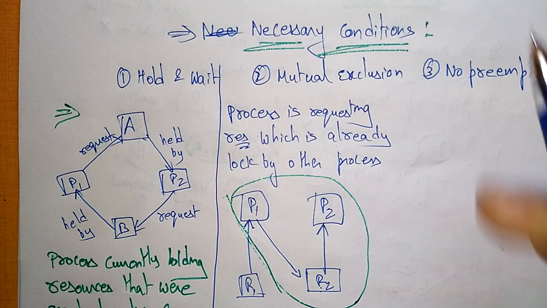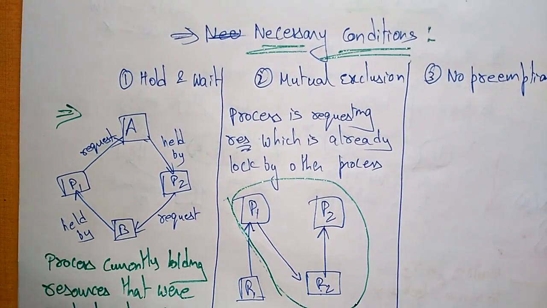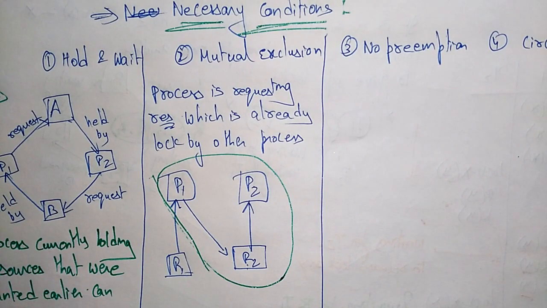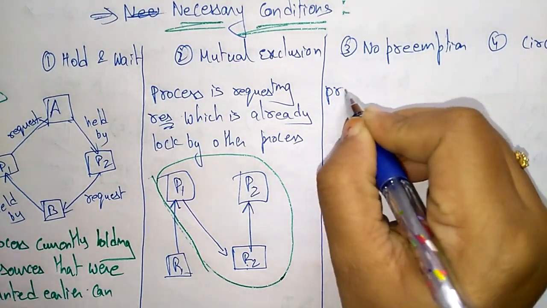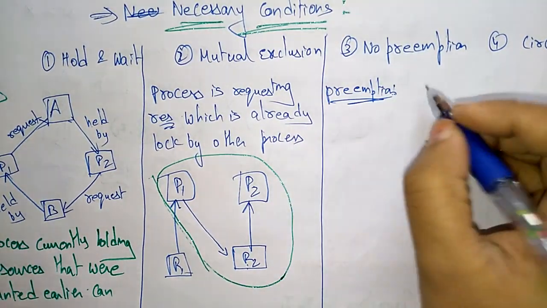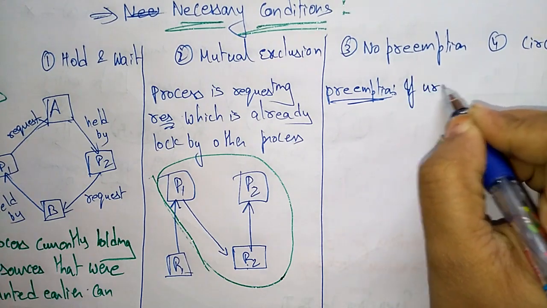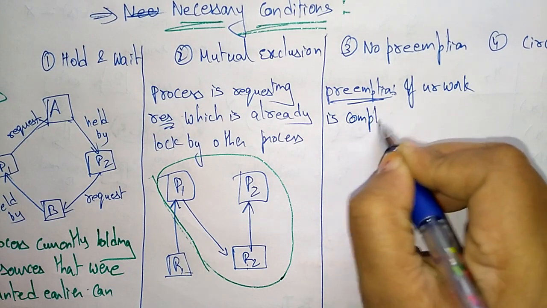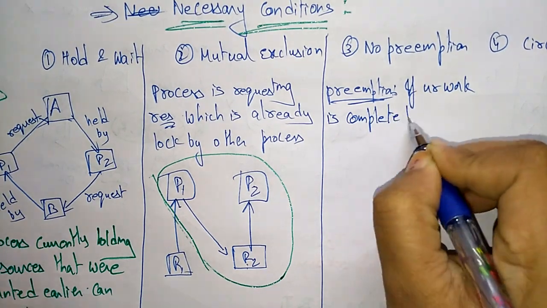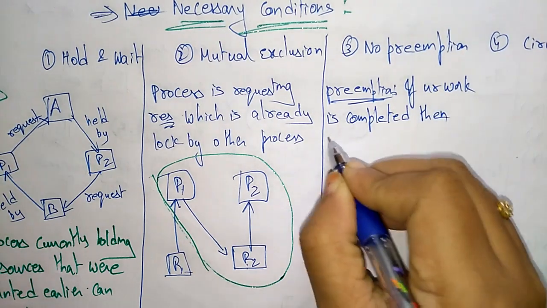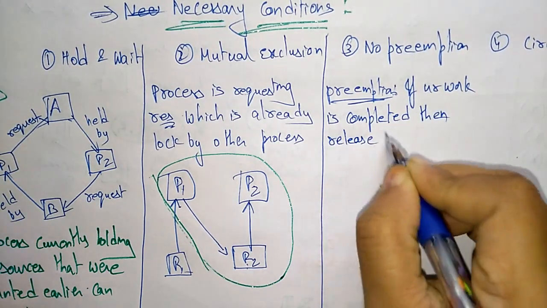Now coming to the next necessary condition, no preemption. First see what is preemption. Preemption means if your work is completed, then release the lock.